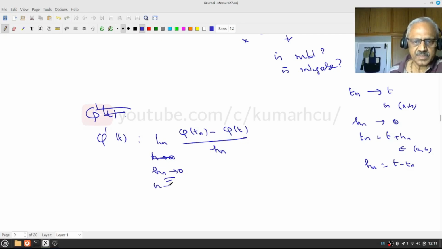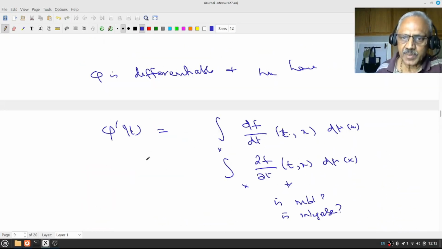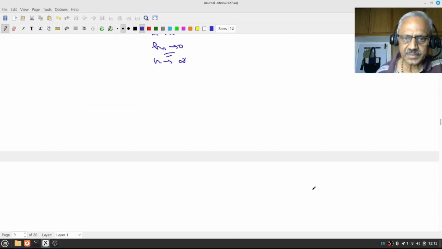It is for any h, but we want to choose a sequence. Why? Because we want to talk about measurability and integrability of this.